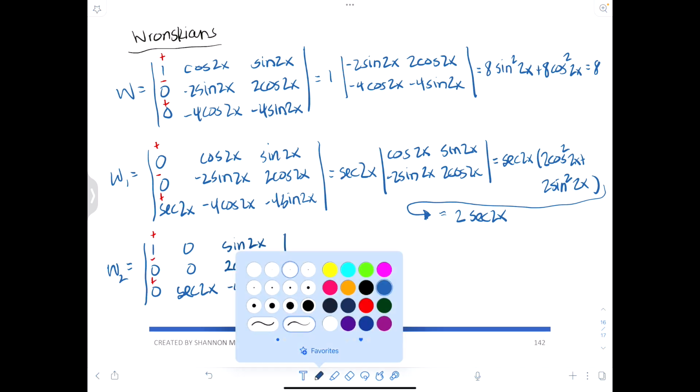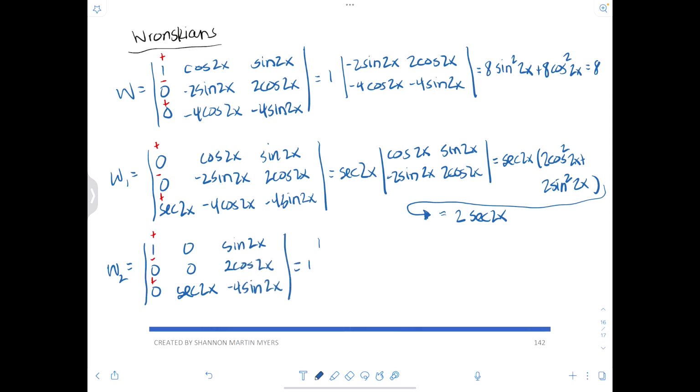So that will be 1 times 0 times cosine 2x, and then secant 2x and negative 4 sine 2x, which will be 0 minus 2 cosine 2x times secant 2x, which will just be equal to negative 2.